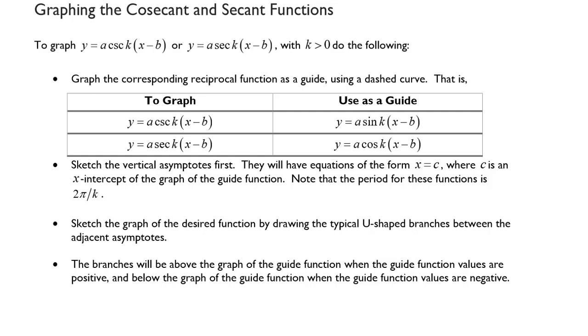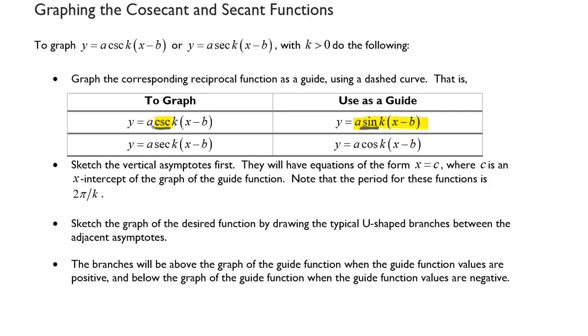First, graph the corresponding reciprocal functions as a guide using a dashed curve, like I just did in the previous example. That is, to graph a cosecant with scalars, etc., we'll use the same scalars. Everything is the same except we change out the reciprocal function for the original sine function.